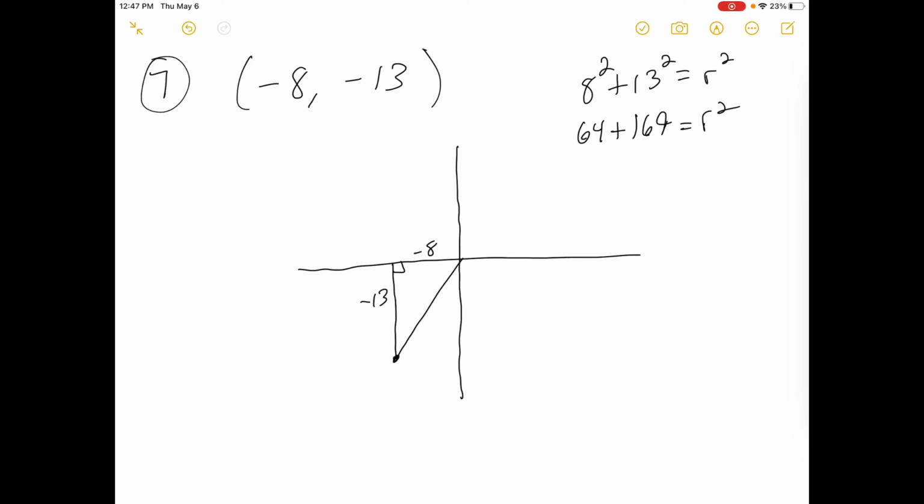That is 233 equals r squared, and then take the square root of it. So r is 15.3.